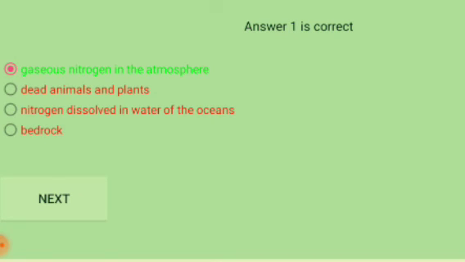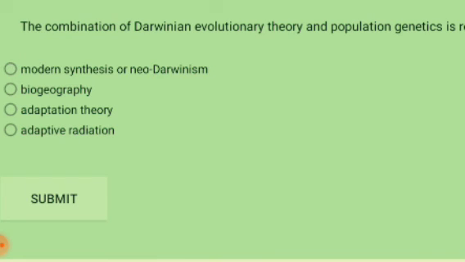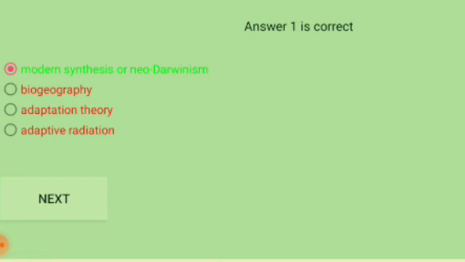So it's actually gaseous nitrogen in the atmosphere. The combination of Darwinian evolutionary theory and population genetics is referred to as option A modern synthesis or neo-Darwinism, option B biogeography, option C adaptation theory, option D adaptive radiations. So it's actually option A, neo-Darwinism.